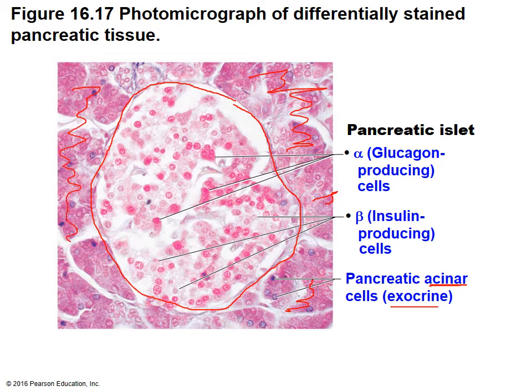So all these cells here on the outside. On the inside of the islet of Langerhans, or the pancreatic islet, we have alpha cells and beta cells. They're the ones that stain a little bit lighter. The alpha cells produce glucagon, and the beta cells produce insulin.